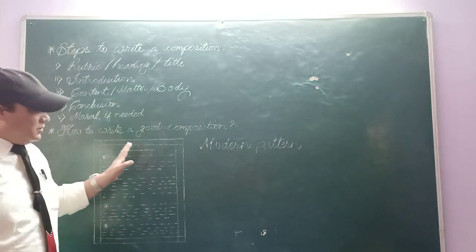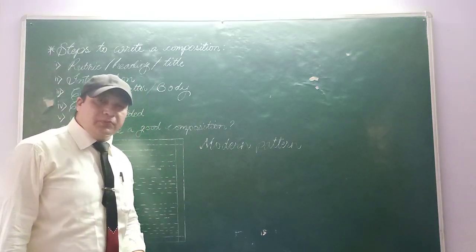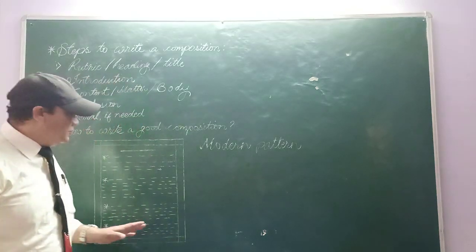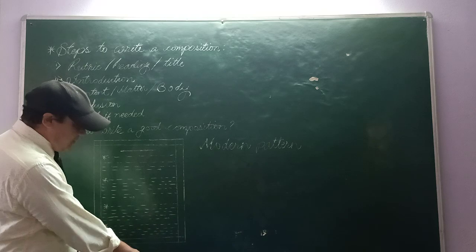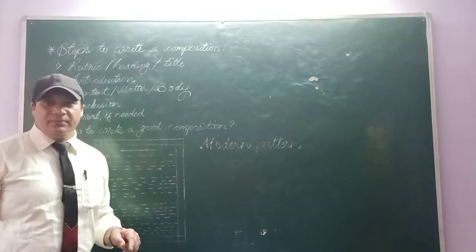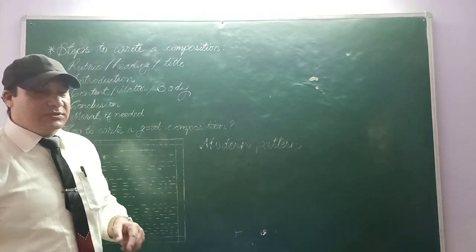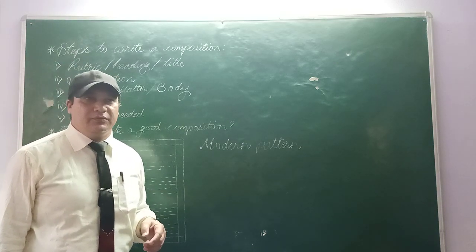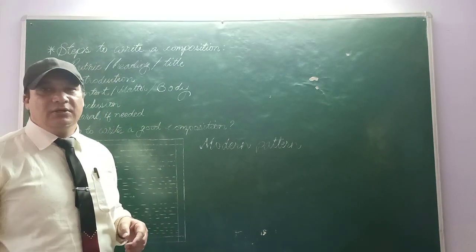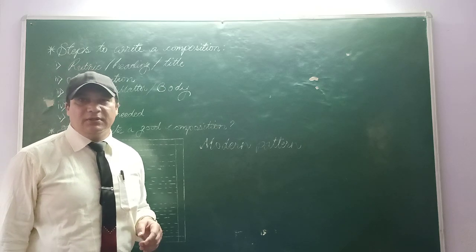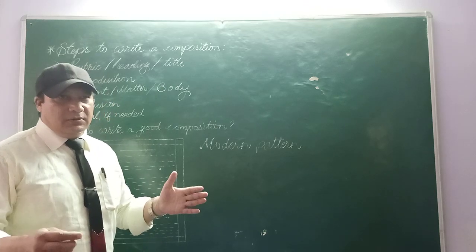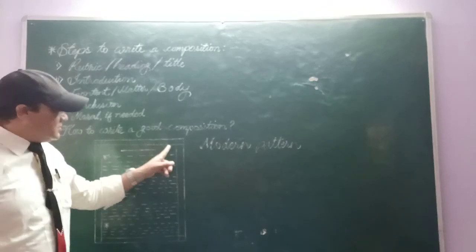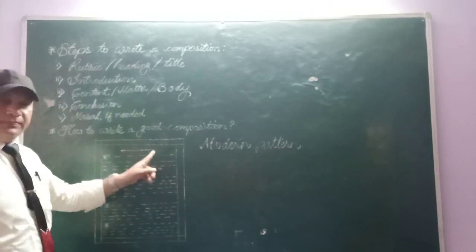While writing a composition, many things are to be known and understood. First and foremost, we consider an A4 size page, right? A composition is better when it is written on a long sheet or an A4 size page, because you get an idea how many words you have written on the page. Consider this is a page.